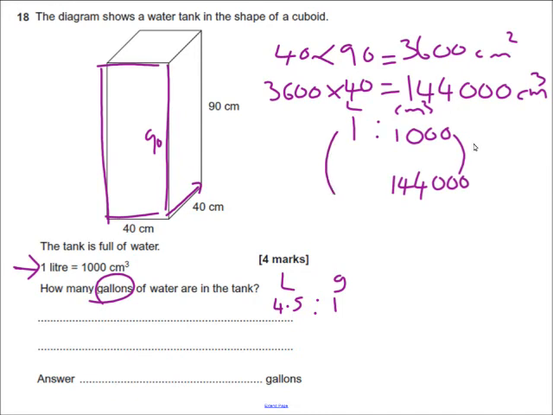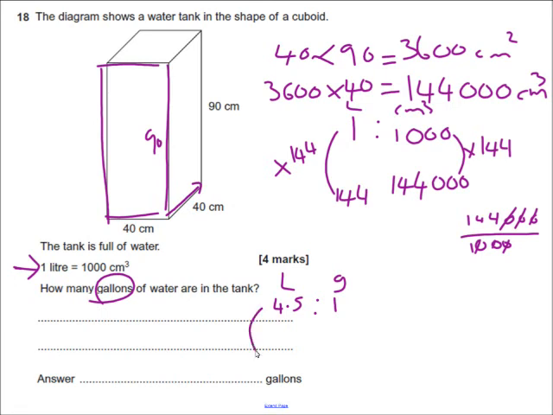So to work out the scale of what I multiplied 1,000 by to get 144,000, you divide the 144,000 by the 1,000, which is quite a nice, easy thing to do, because the zeros cancel each other off, and I've actually multiplied it by 144. So, to work out my litres, I multiply it by 144, and I have 144 litres of water in this tank.